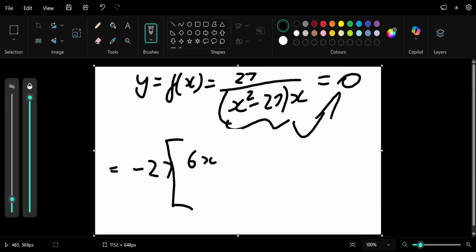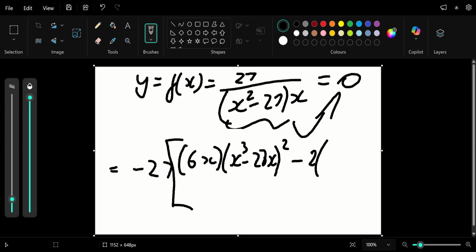The minus 27 at the front multiplied by your 6x, which is what you get when you differentiate 3x squared, then you get the non-changing denominator, minus, of the quotient rule, the derivative of the non-changing denominator.